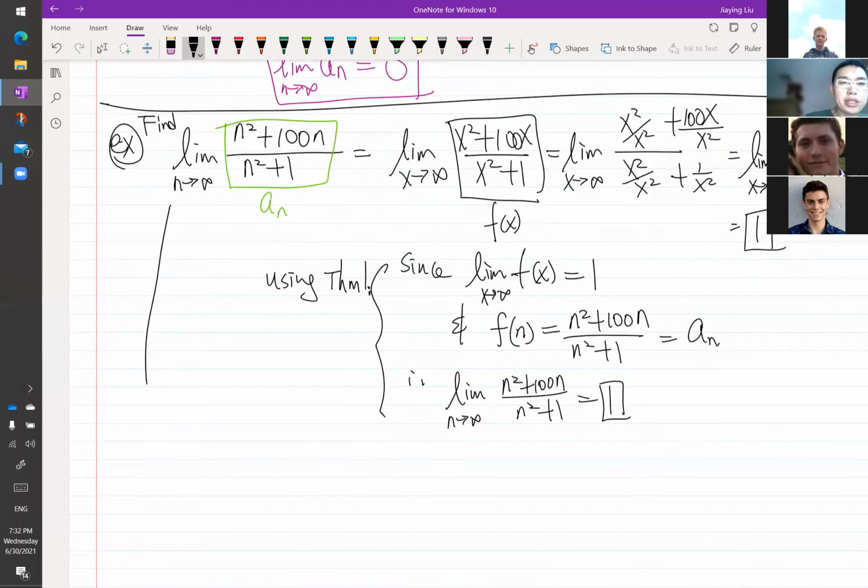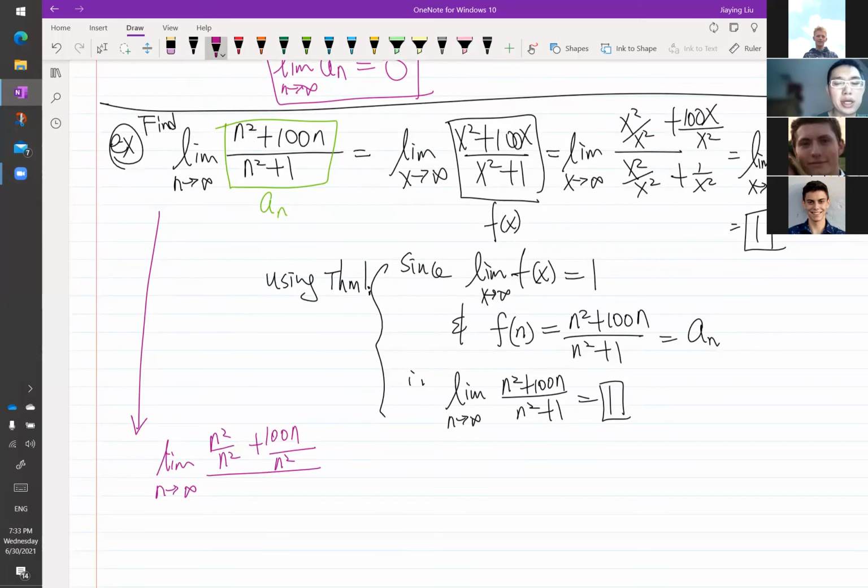I want to point out that for this type of question in the future, you can do it directly. Just like we divided by x squared, you can directly just divide by n squared. So you can write it as the limit as n goes to infinity of n squared over n squared plus 100n over n squared, divided by n squared over n squared plus 1 over n squared.